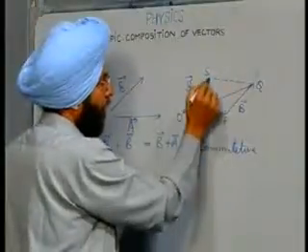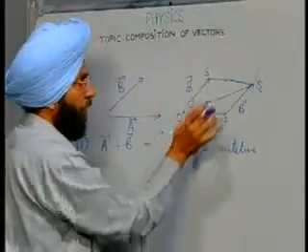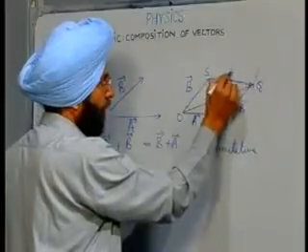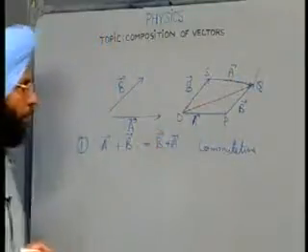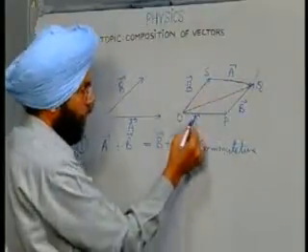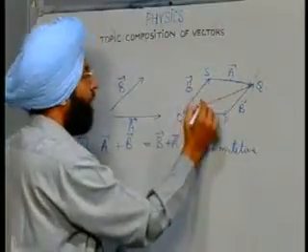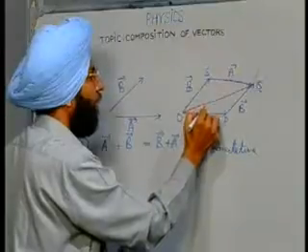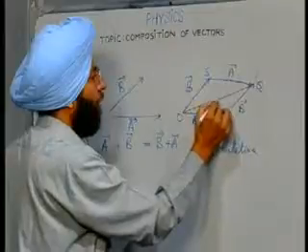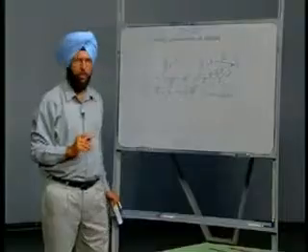Similarly, SQ is equal in magnitude to OP and parallel to its direction. So, this will be representing A. Now, in the triangle OPQ, A and B are represented by OP and PQ, and the resultant R is given by the third side taken in the opposite order.